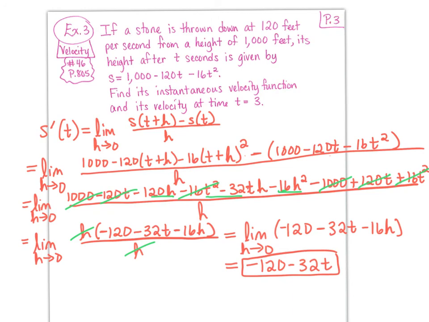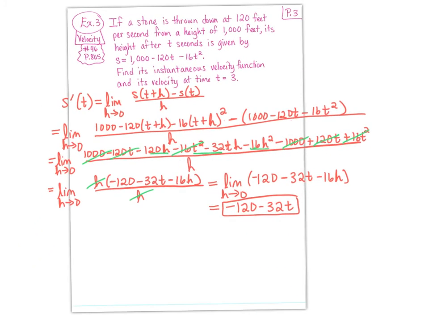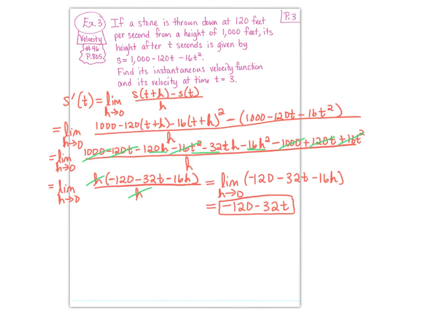And then the second part says find its velocity at time t equals 3. So that means that we find s prime of 3. So that's equal to negative 120 minus 32 times 3. And that's going to give you what?